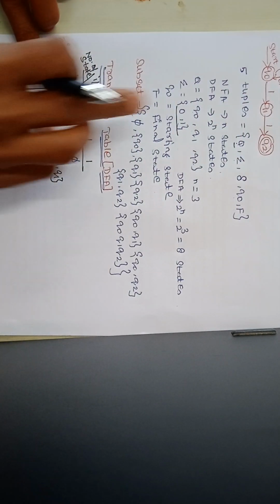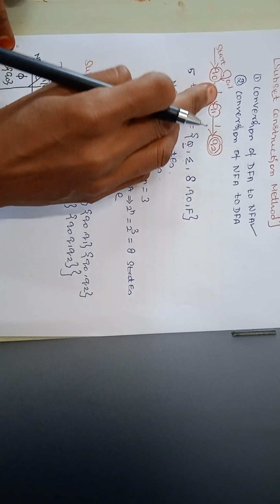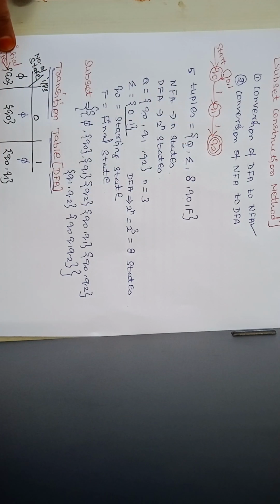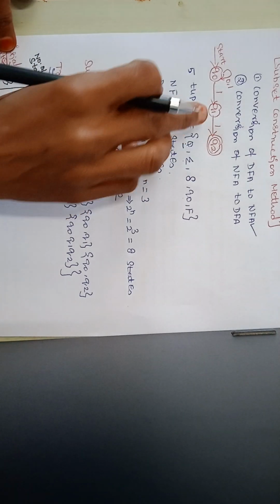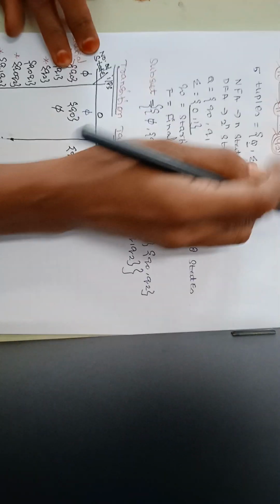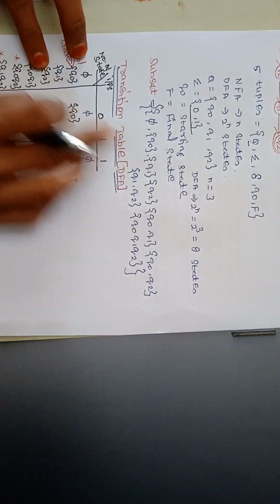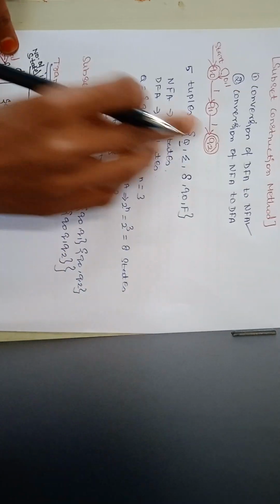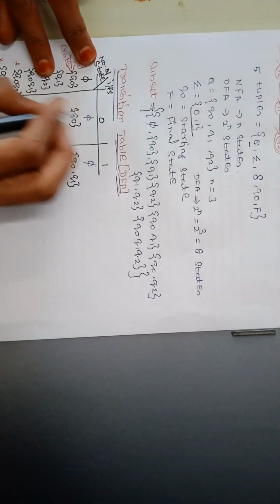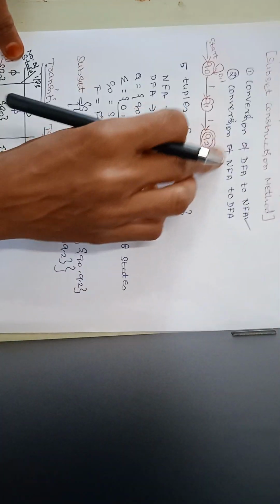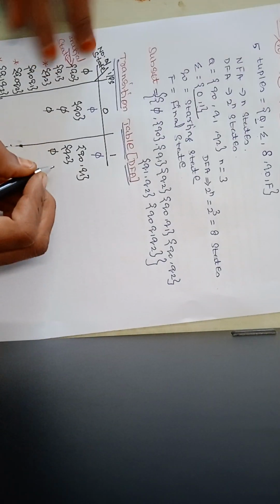Next, Q1, 0 means no transition, so phi. Q1, 1 means Q2. Next, Q2, 0: no transition, so phi. Q2, 1: no transition, so we have to put phi.